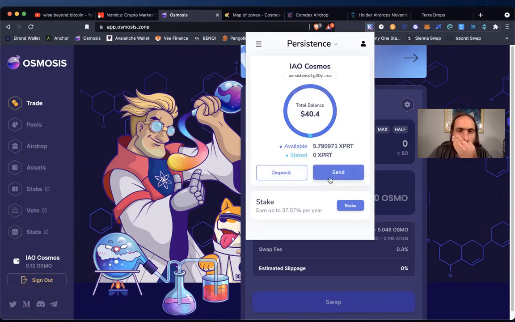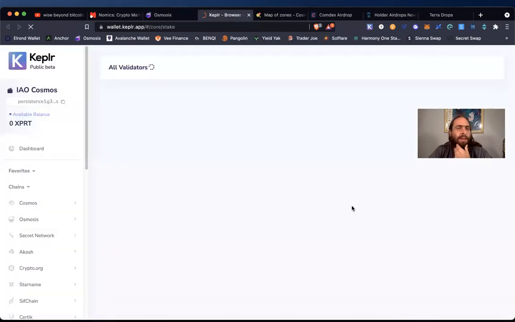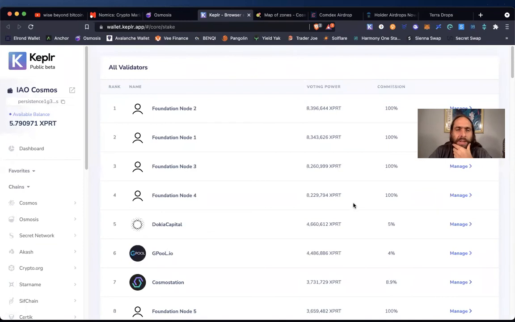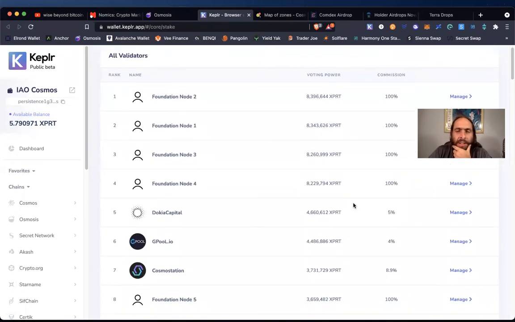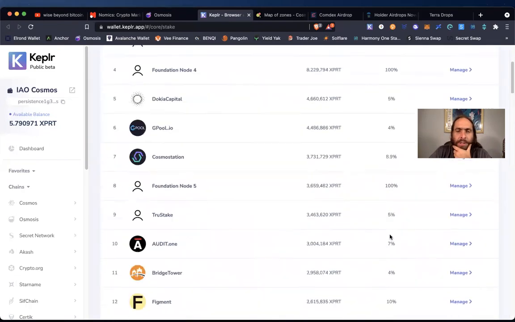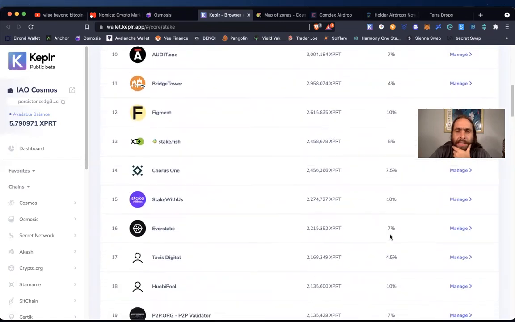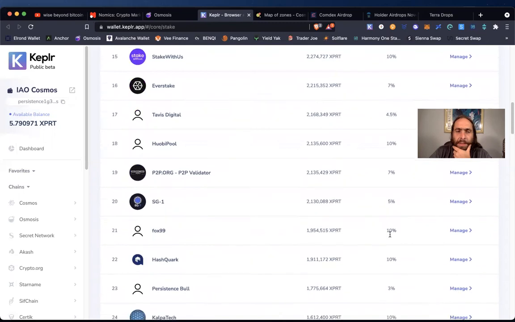And you know what? Let's do this together. I would love just to stake and be a part of the persistence ecosystem. And look at that. Our old friend Cosmo Station down here charging 8.9%. Ooh, that G pool is looking good. But let's see what else is down here. Let's just scroll a bit and see what we find, if anything pops out.